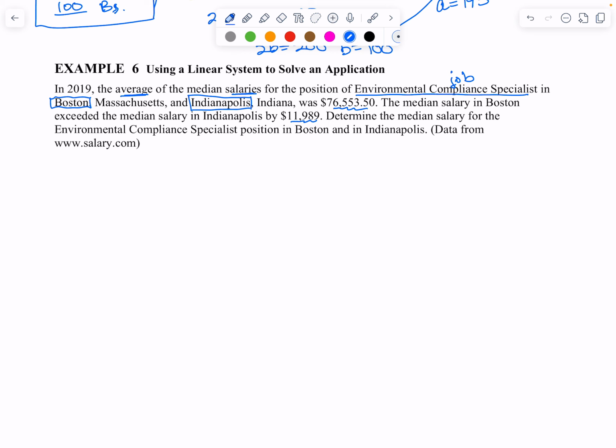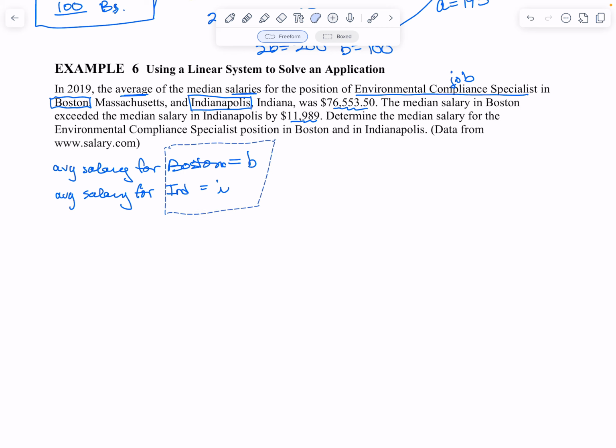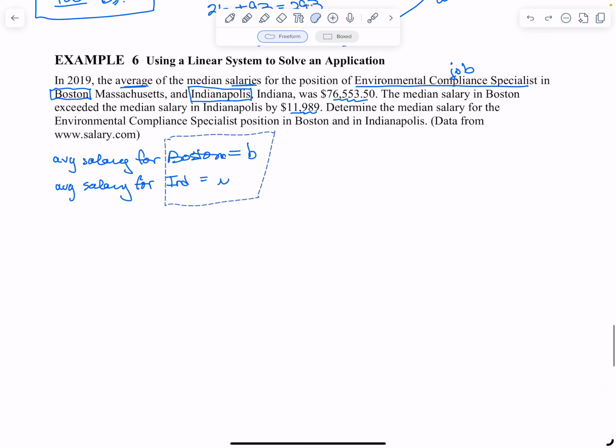So I'm going to put the average salary for Boston is B, and the average salary for Indianapolis is I. Okay, you could just put Boston is baby B, Indianapolis is baby I. You don't even have to write all that out.